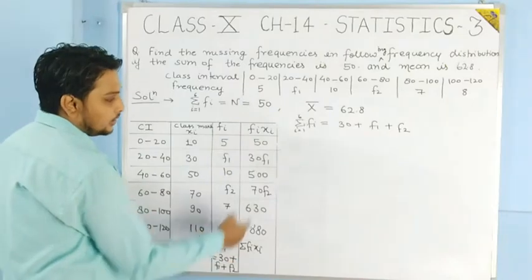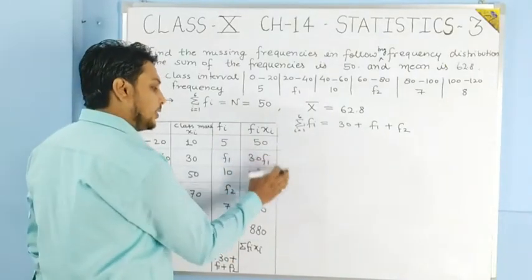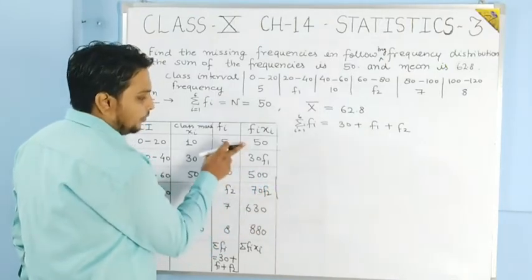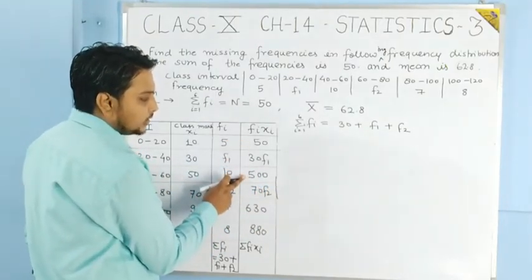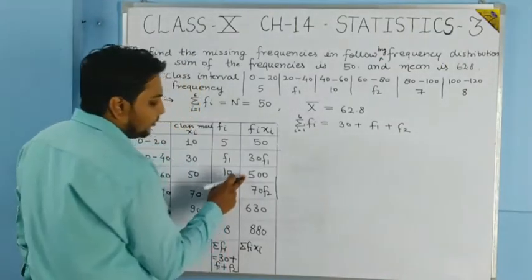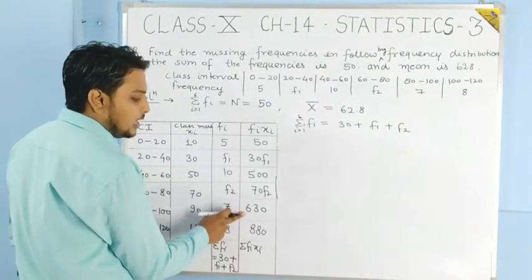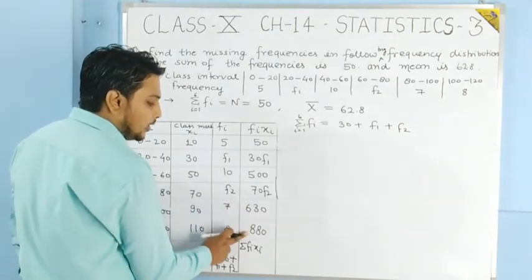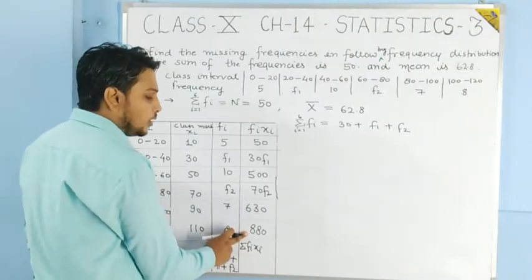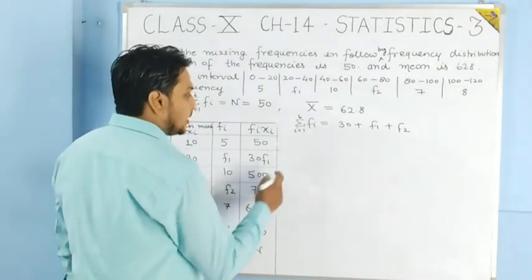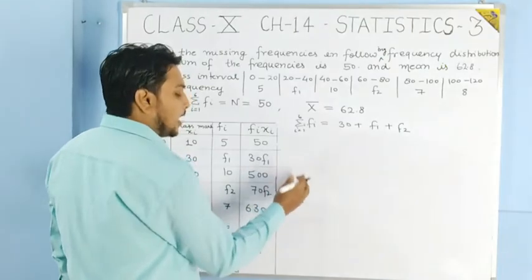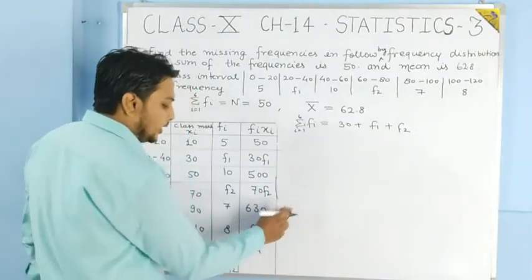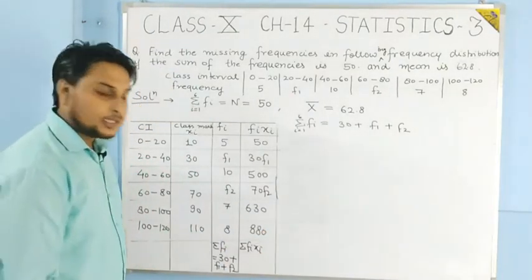Now we will add for FiXi. Again we will keep F1 and F2 terms separately, and the rest of the numbers we will add, like 50 plus 500, that is 550. 550 plus 630, that is 1180. And 1180 plus 880, that will be 2060, students. See, you can add 1180 and 880: 1180 and 880 gives 2060.